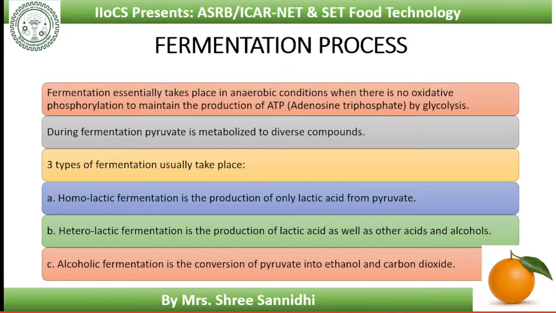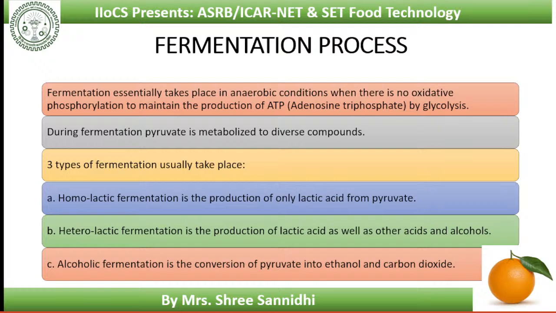So let us see the process of fermentation. Fermentation essentially takes place in anaerobic conditions, when there is no oxidative phosphorylation, to maintain the production of ATP, that is, the energy bank adenosine triphosphate, by glycolysis.